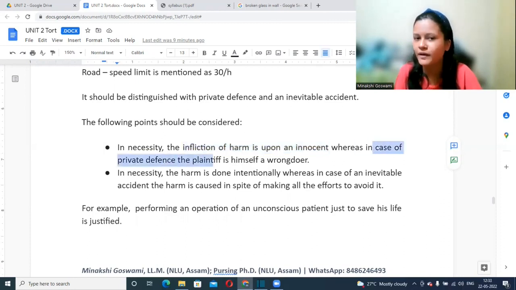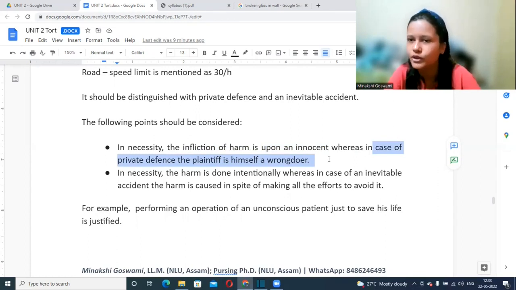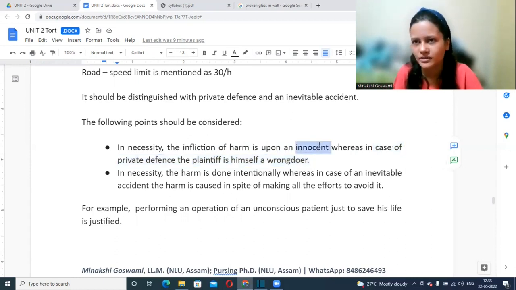But in private defense, you try to cause harm to the wrongdoer because someone is trying to attack you. So you cause harm to the wrongdoer, but in necessity, it might be some innocent person. Is it clear? Yes, ma'am.